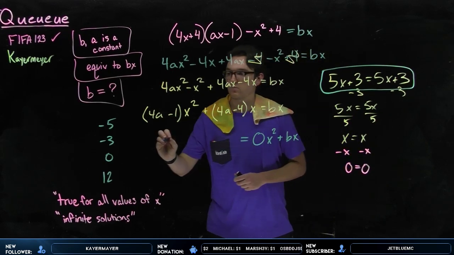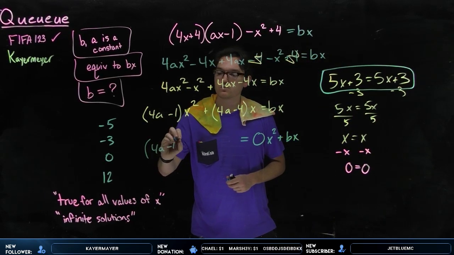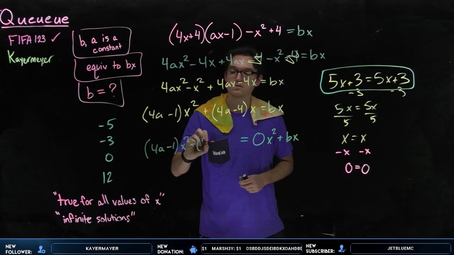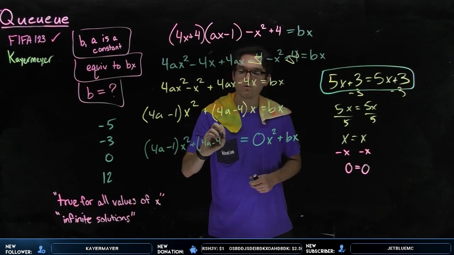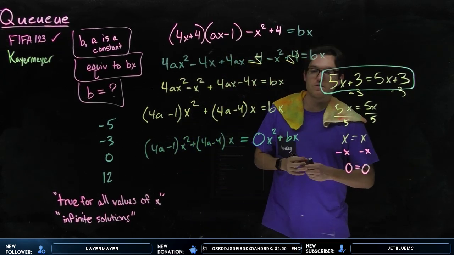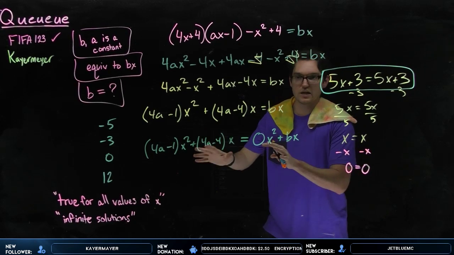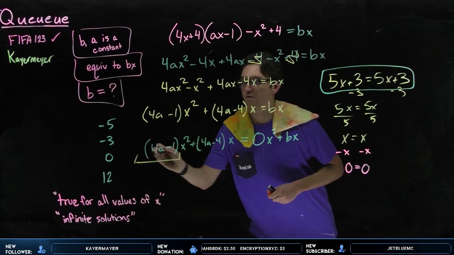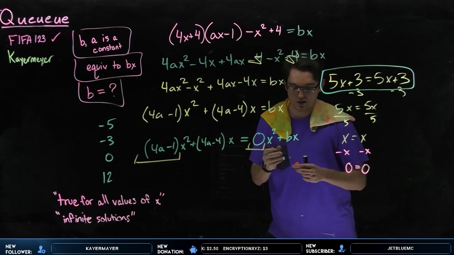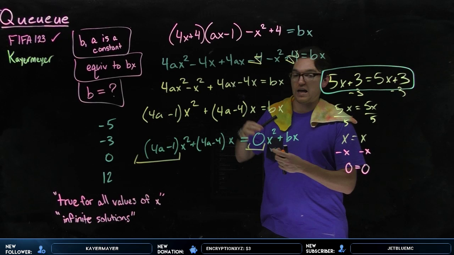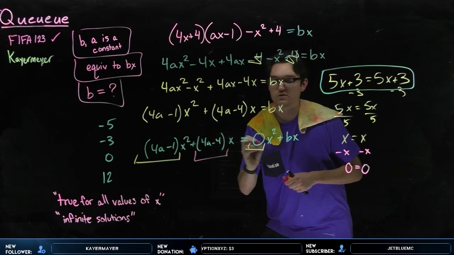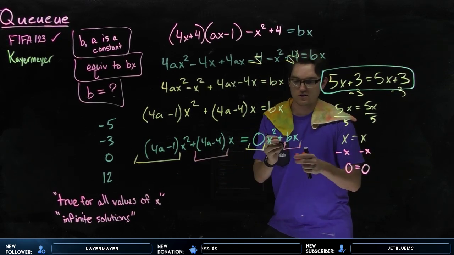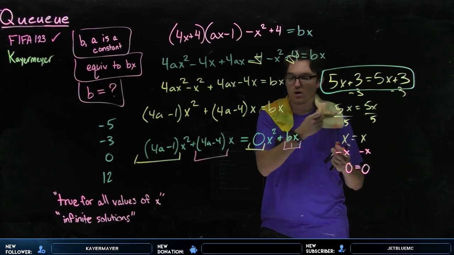And on this side, we have (4a minus 1)x squared plus (4a minus 4) times x. So if this is true for all values of x, these two sides are symmetrical. That means the coefficient of the x squared on both sides will be equal, and the coefficient of the x terms on both sides also have to be equal. Sorry, that should just be for the b. We can use this.